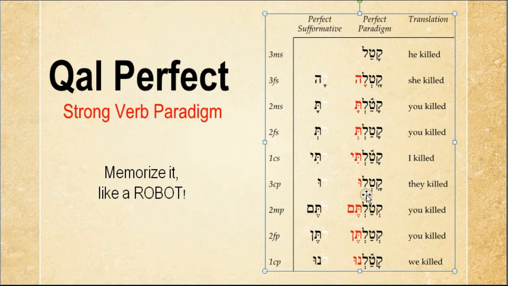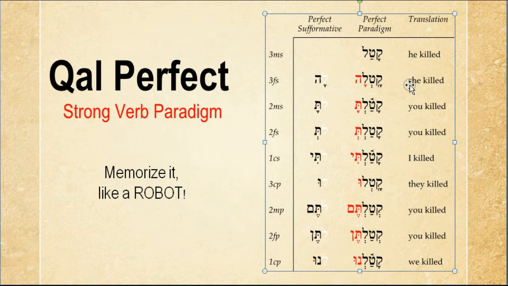The second stem vowel changes. In all the other forms, as you look through that whole paradigm, the vowels remain the same. These are the only changes. So if you memorize that in the third person common plural and the third person feminine singular the second stem vowel changes to a shva, this will help you memorize your Qal perfect, and it will also help you recognize them when you see them in the text.